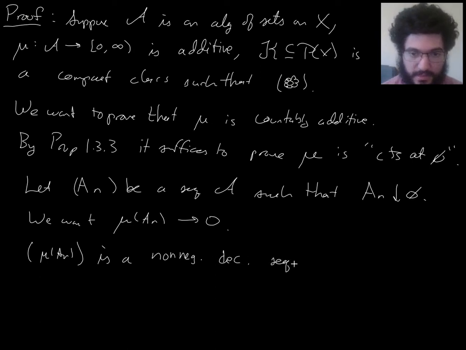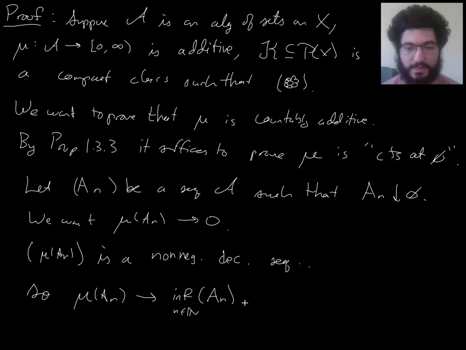So definitely mu of an is going to converge to something, right? So it's going to converge to whatever is the infimum of the mu of an's. That's like the monotone convergence theorem, basically. So the sequence of mu an's converges to whatever is the infimum. So our goal is to just show that that infimum is 0.